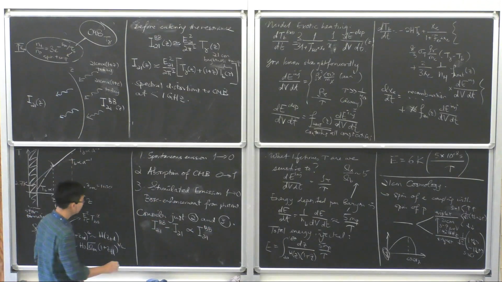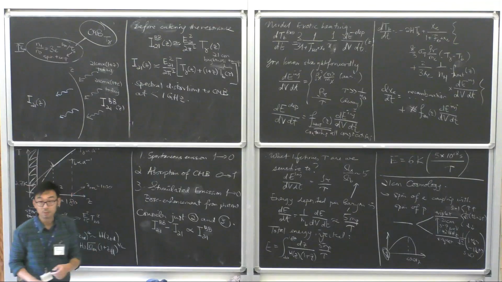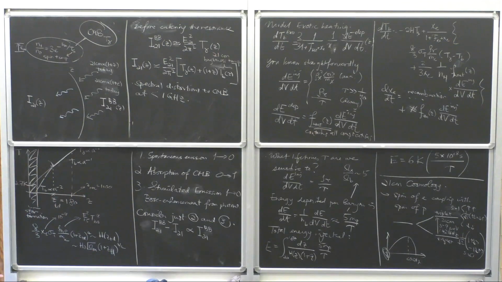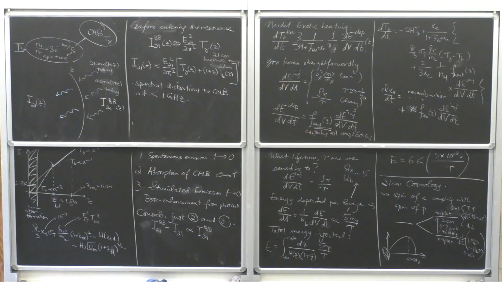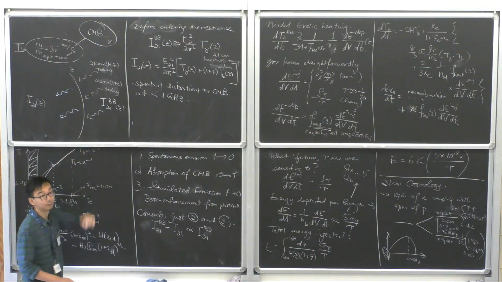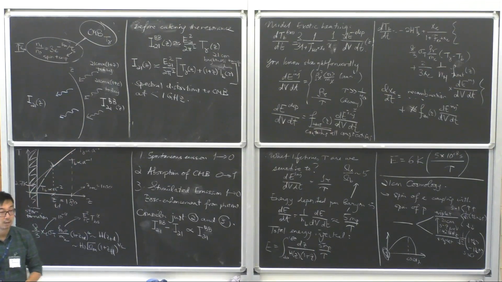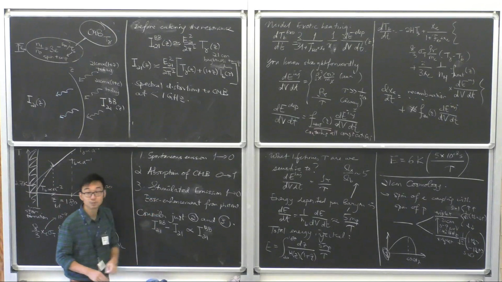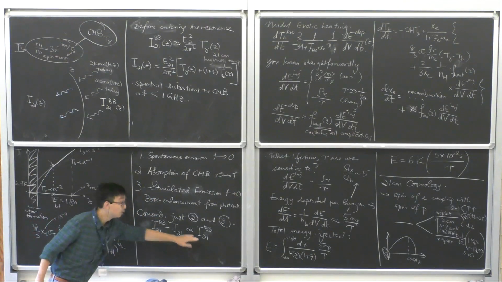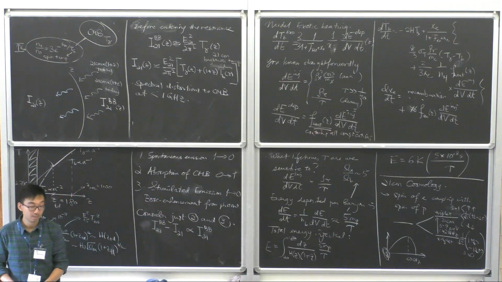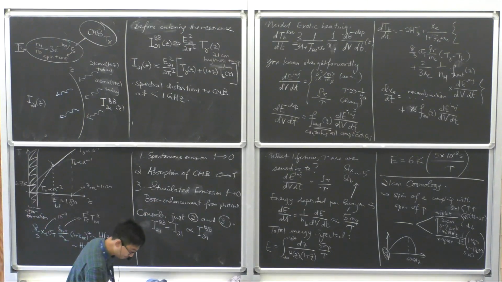Because absorption of CMB, how many CMB photons do you absorb? Well, the more CMB photons I put in to this part of the gas, the more photons get absorbed, right? So if I put in a ton of CMB photons for the same number of hydrogen atoms in here, I would absorb more. And then stimulated emission, of course, is a Bose enhancement from the background. And so the bigger the background, the more stimulated emission you get. Okay?